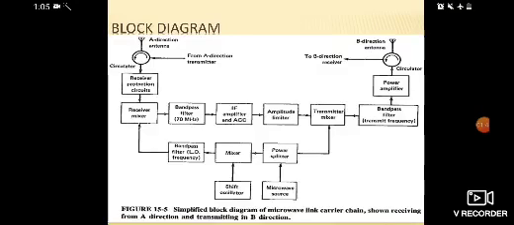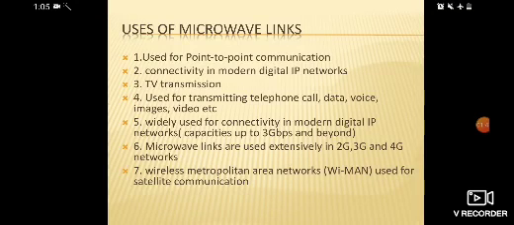First of all, we have to know the uses of a microwave link. It is mainly used for point to point communication. In our data communication and computer network subject, we have different types of communication: point to point communication and point to multipoint communication.